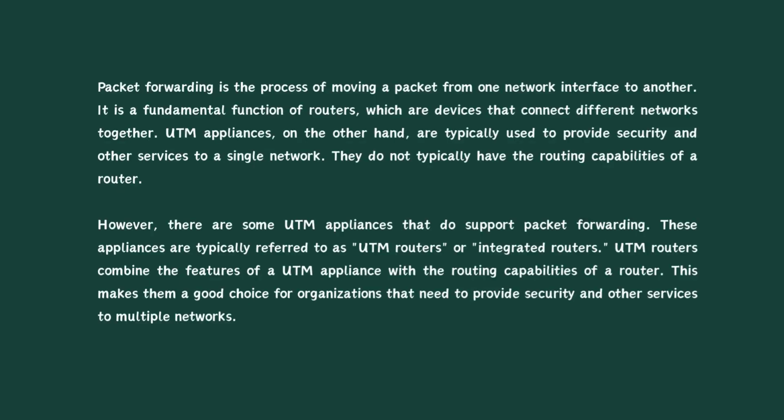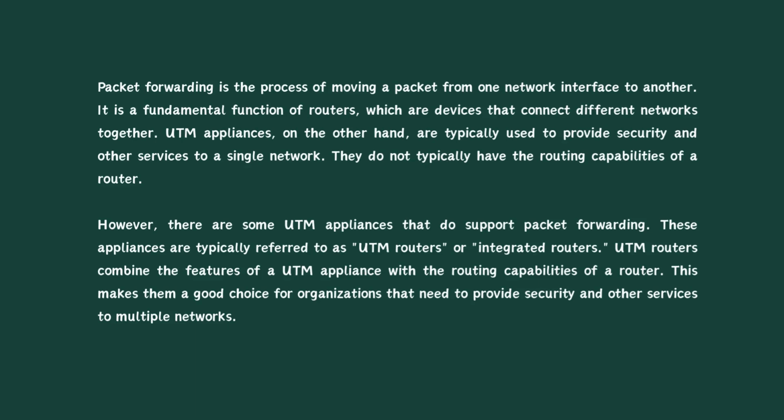Packet forwarding is the process of moving a packet from one network interface to another. It is a fundamental function of routers, which are devices that connect different networks together. UTM appliances, on the other hand, are typically used to provide security and other services to a single network. They do not typically have the routing capabilities of a router.